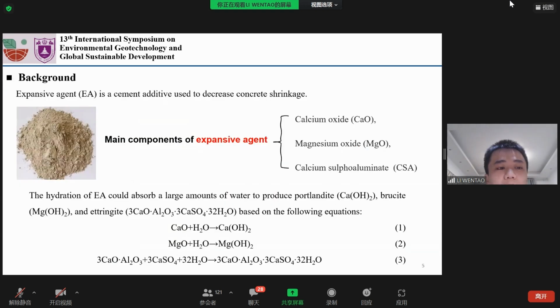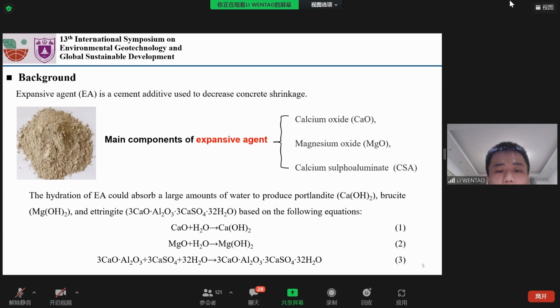In this case, we can use expansive agents to enhance the strength behavior of the cement stabilized clay slurry. What is an expansive agent? An expansive agent is a cement additive that is used to decrease concrete shrinkage. Its main components are calcium oxide, magnesium oxide, and calcium sulfoaluminate.